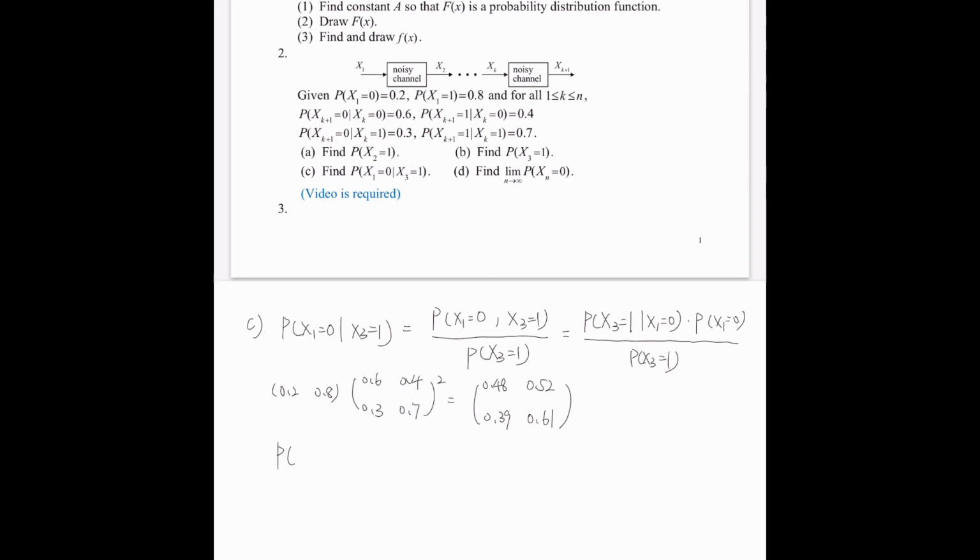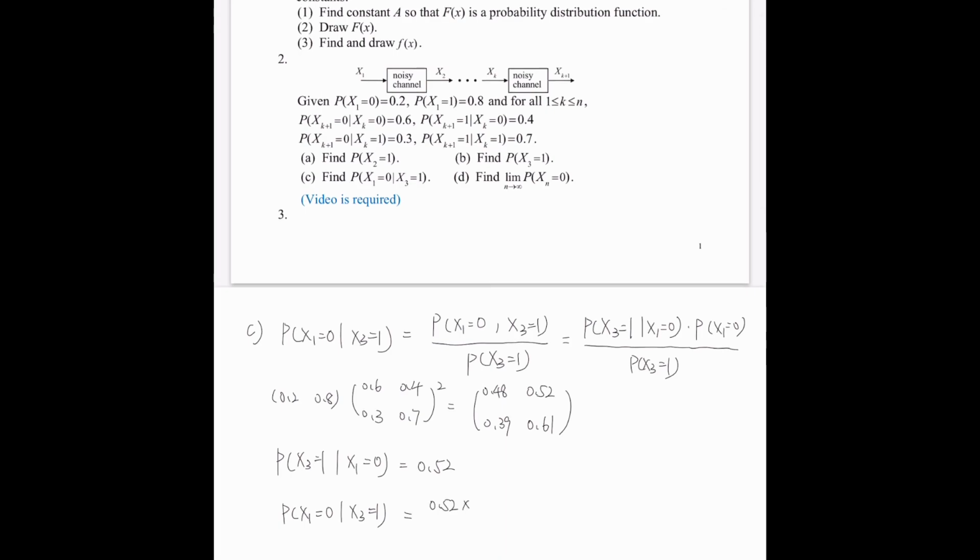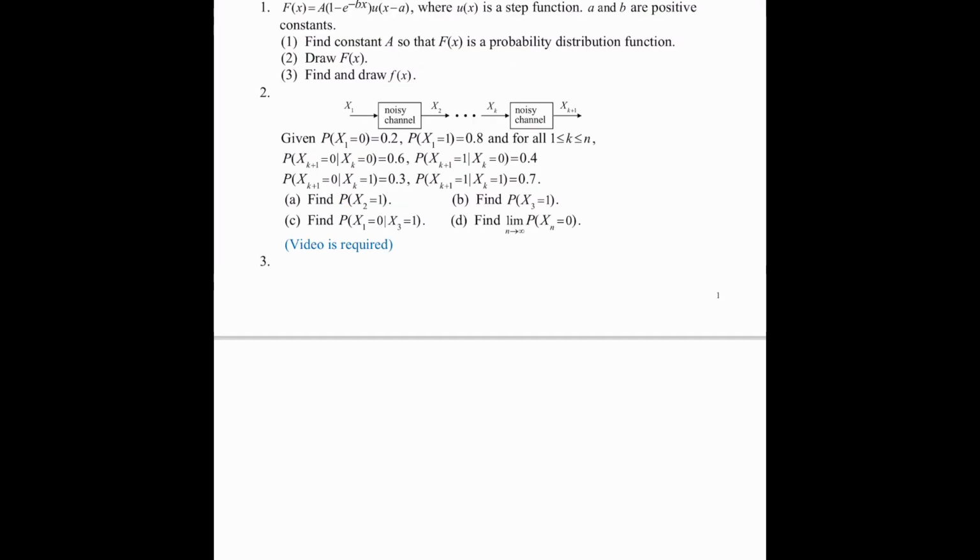So the probability of x3 equals 1 given x1 equals 0 should be 0.52. So probability of x1 equals 0 given x3 equals 1 is 0.52 times 0.2 over 0.592 equals 0.176.